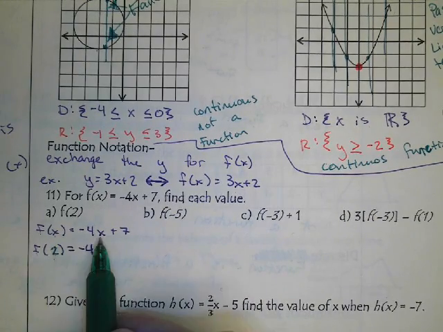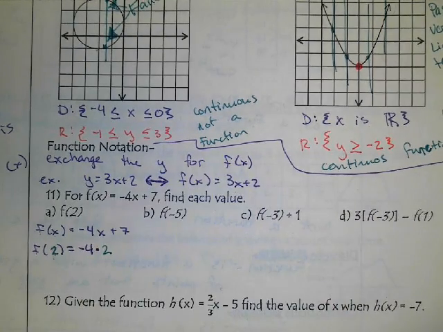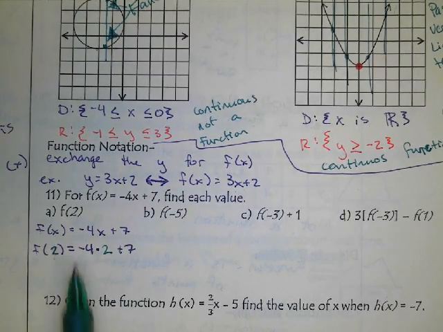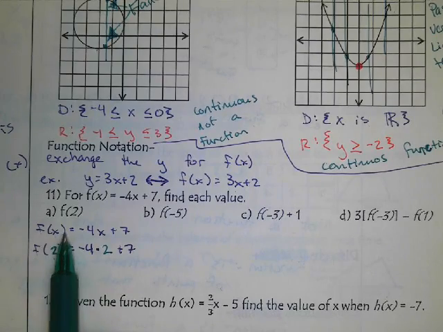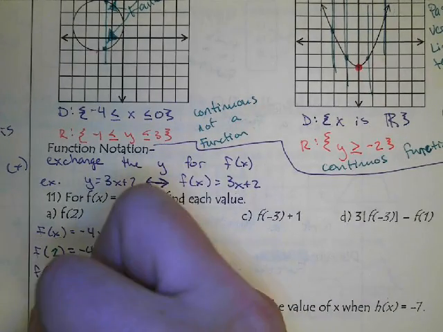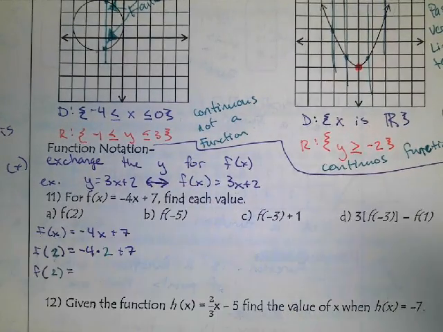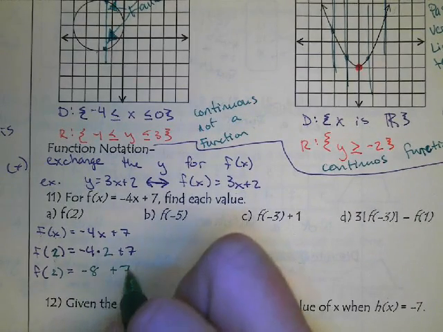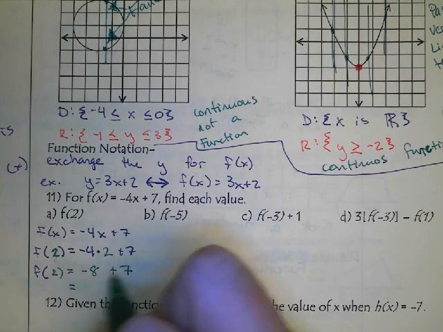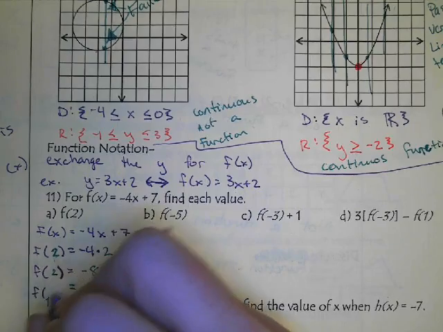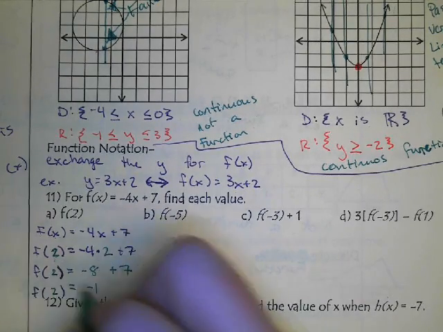My x turned into 2, so this x turns into 2. And then I'll add 7. So this notation is just simply a shorthand way of plugging in a number. That's all we're doing. So I'll say f of 2 is equal to negative 4 times 2 is negative 8 plus 7, and then we'll say is equal to negative 1. So we found that f of 2 is equal to negative 1.